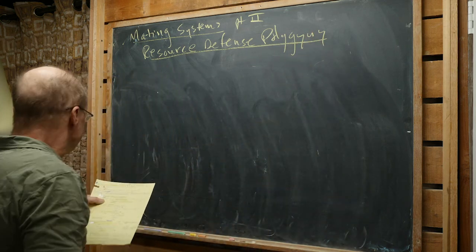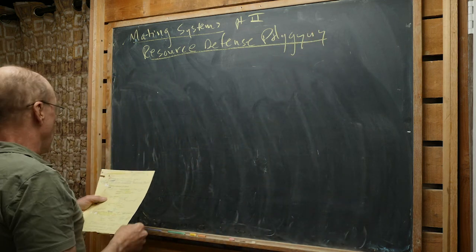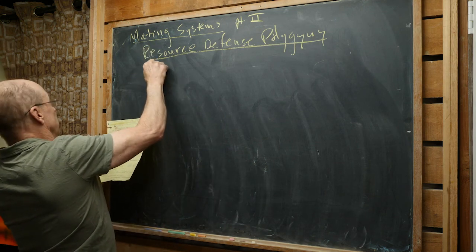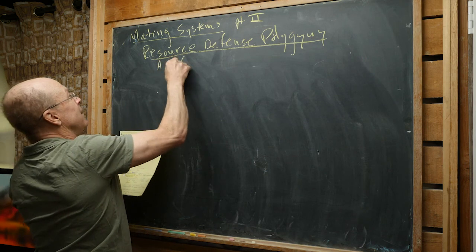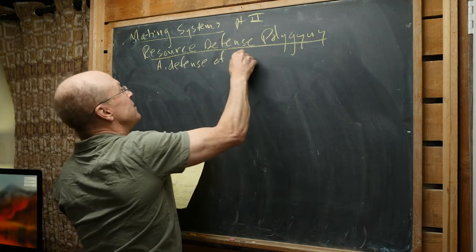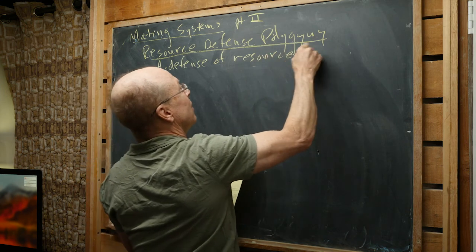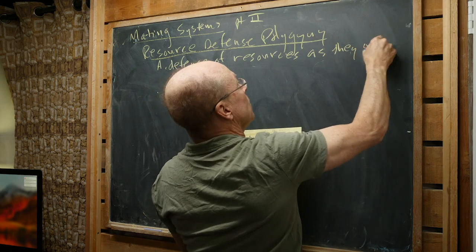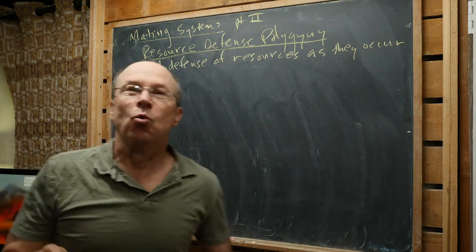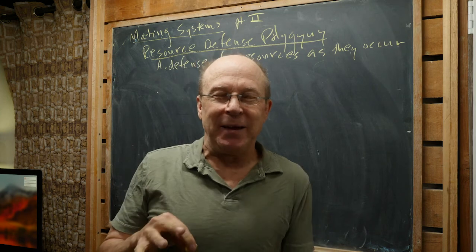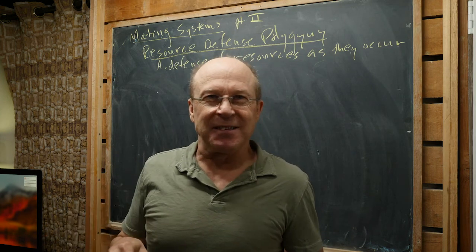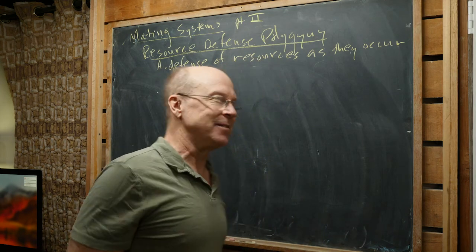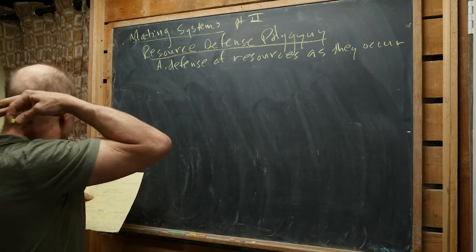We're going to be looking first at resources, so defense of resources as they occur. Later on we're going to be talking about defense of resources that have been manipulated. That's coming. It's exciting. So, defense of resources as they occur.